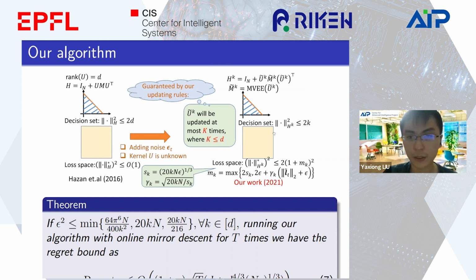So now we can make sure that the decision set is bounded by the number of collected loss vectors, and the loss space is bounded in this way, where M_k corresponds to the parameters s_k and gamma_k. Therefore, by running the mirror descent algorithm, we can get the regret bound in equation 7.